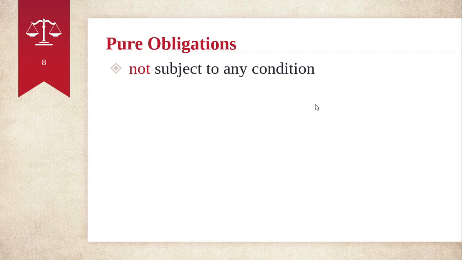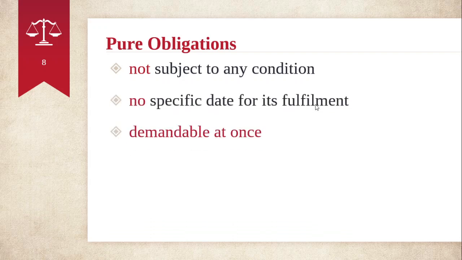So, since it is not subject to any condition, that means it is demandable at once. Okay? No specific date for its fulfillment. So, no condition, and no term or period. When we say term or period, it is the date, okay, or how long before the obligation is extinguished or ends, or how long before you wait for the obligation to arise.